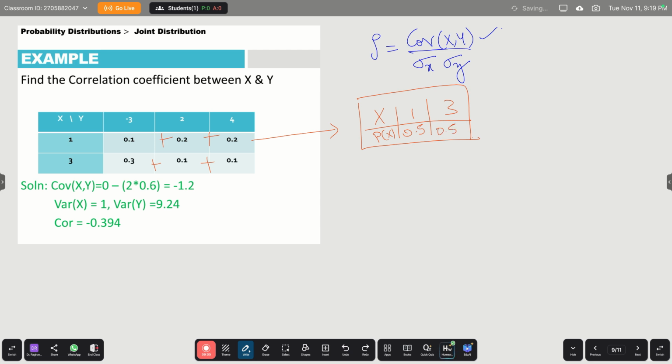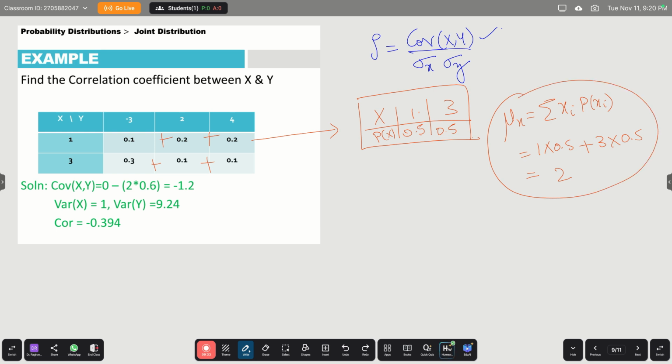This is again 0.5. So the mean is going to be 1 into 0.5. I'll write the formula for you: summation of xi into probabilities. So x value is 1, its probability is 0.5, plus x value is 3, its probability is 0.5. So the mean is 2 here. So mu x is 2.